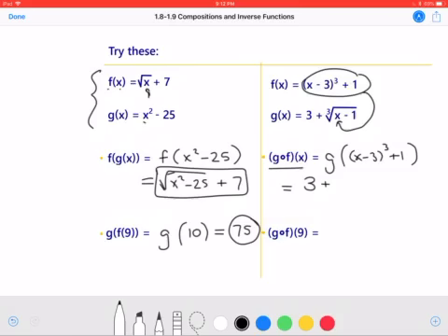What would that look like? 3 plus the cube root of x minus 3 cubed plus 1. But wait, don't forget there's also that minus 1 under there.